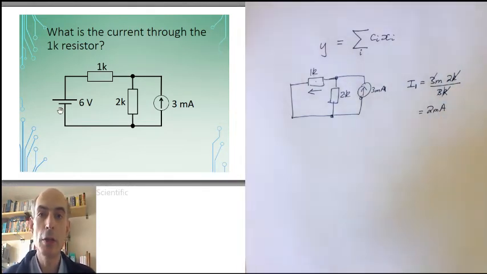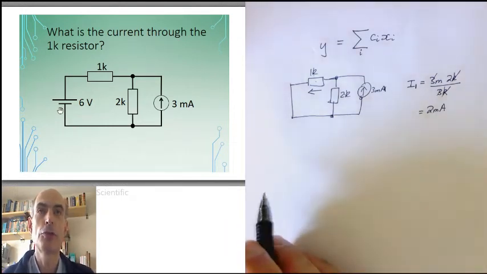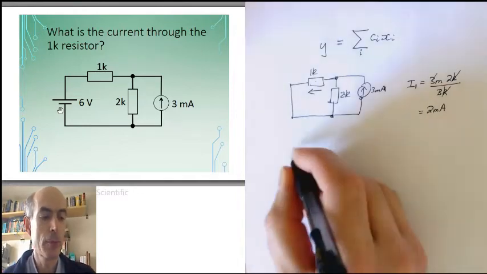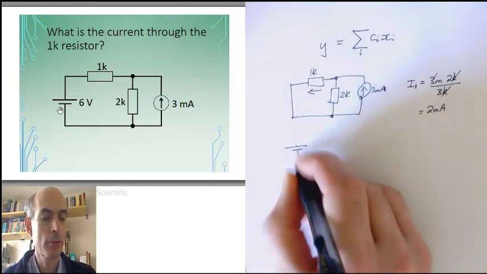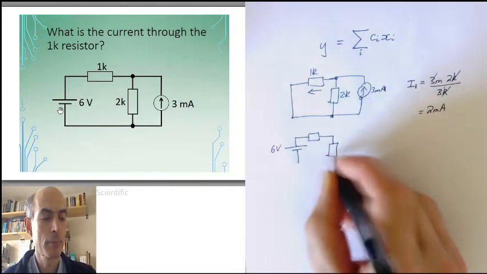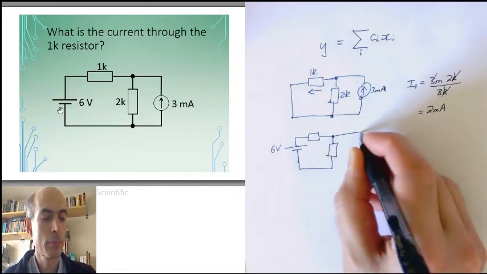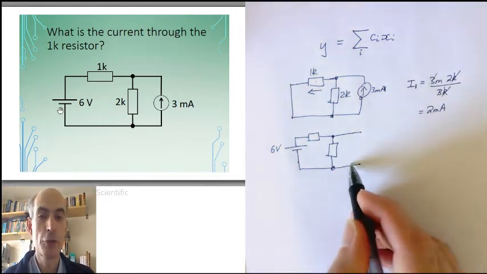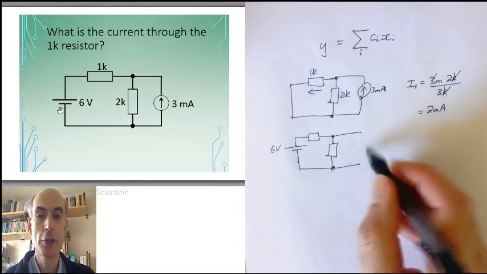And then we can set the voltage source to its value of 6 volts and set the current source to 0. And that would give us this circuit. I didn't really need to draw these wire spurs. There is no current flowing through a zero current source.